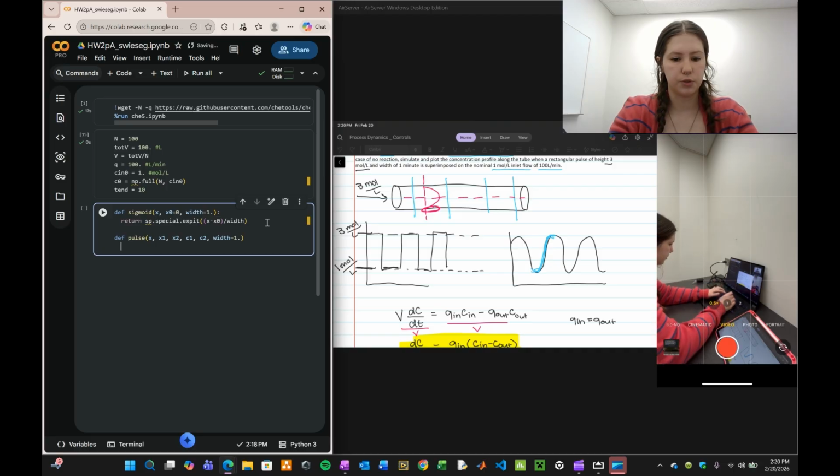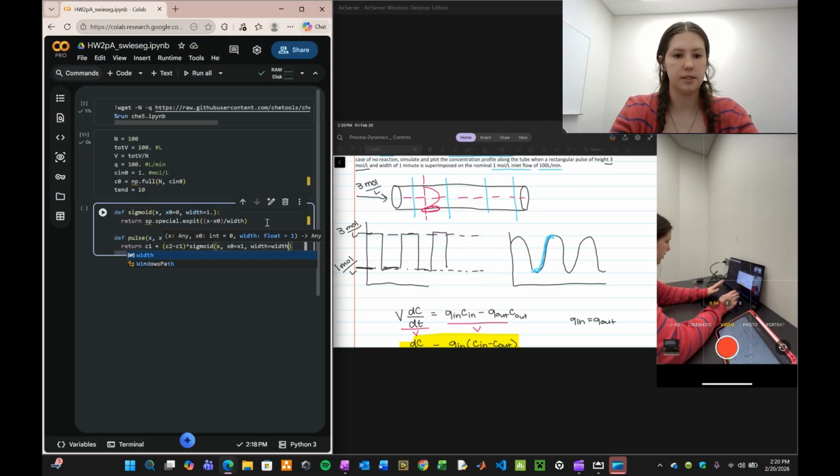And then we want to return our initial concentration at x1 plus our difference in concentration between x1 and x2 times this value in our sigmoid. So we want our x, and then we want our x naught to be equal to x1. And we want our width to be equal to width.